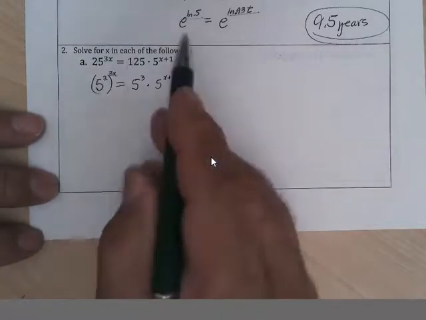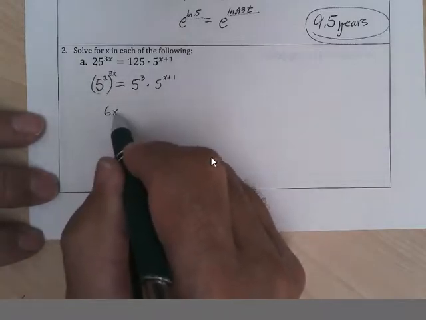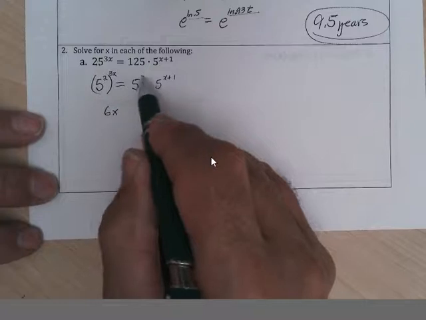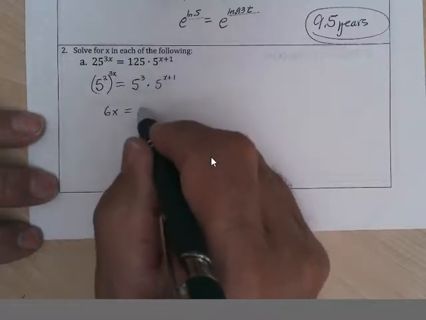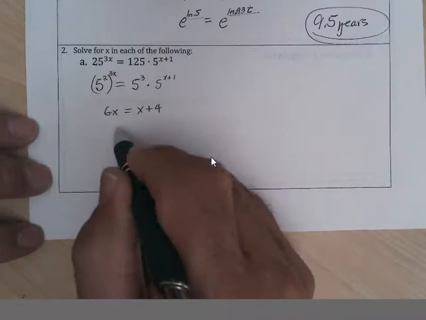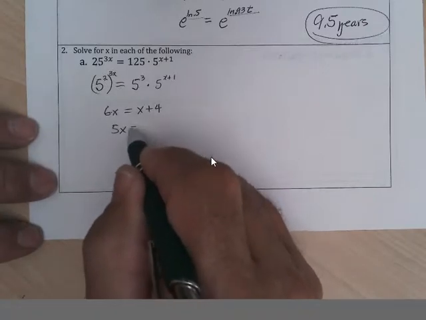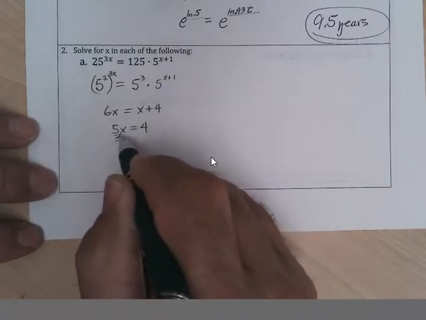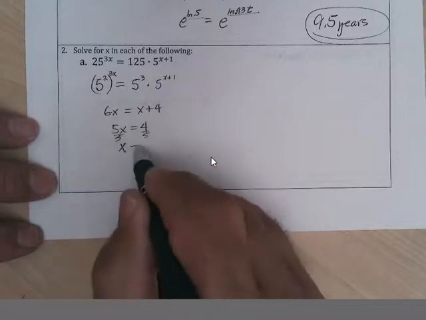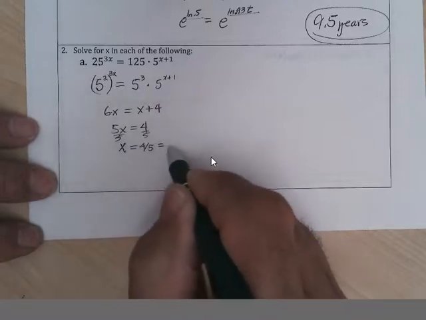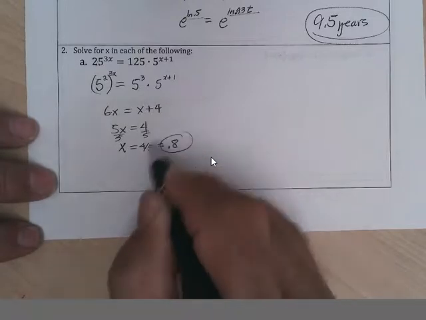And here we multiply the powers, and we get 6x with a base of 5. And here when we multiply, we add the powers, and so we get x plus 4. Subtract x, and x equals, divide both sides by 5, and x equals 4/5 or 0.8.